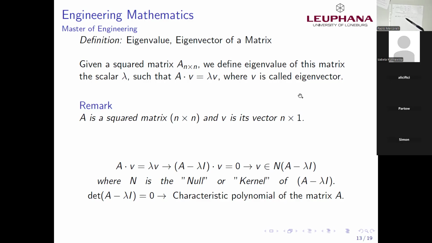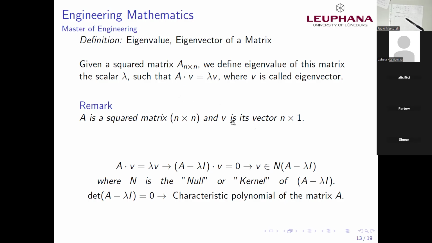This is the definition. Now, just a remark: we can see that if A is a square matrix with dimension n times n, or let me say with dimension n, in some books we say dimension n means n times n. Sometimes we omit it also.